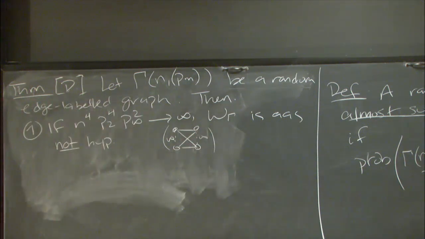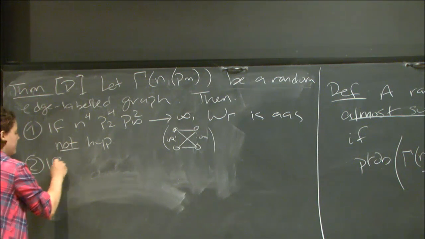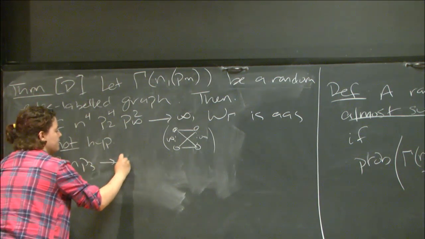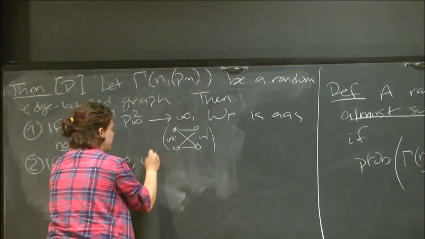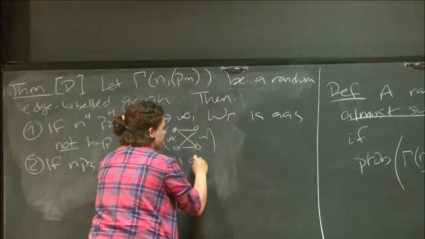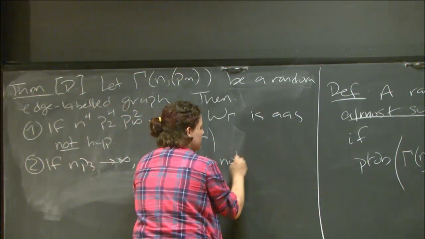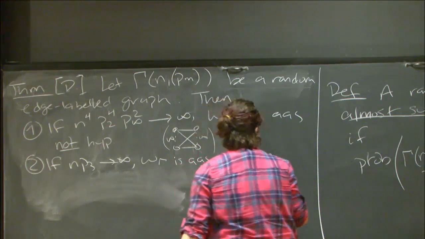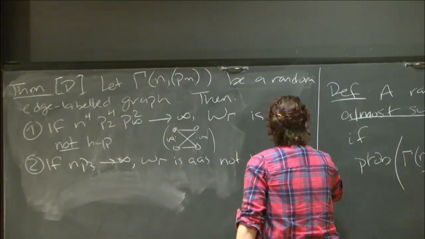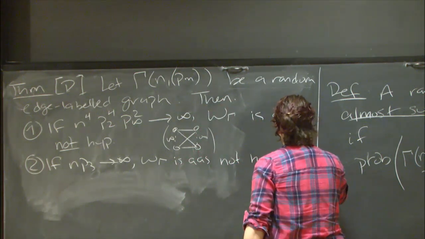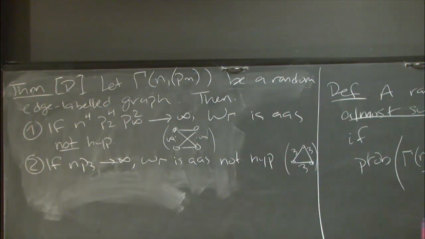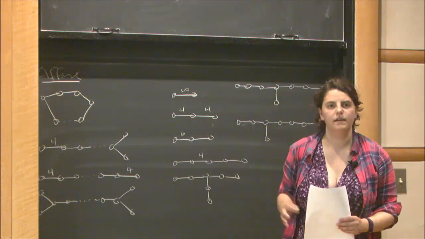So that violates this second condition. And then if np3 goes to infinity, again, W gamma is asymptotically almost surely not hyperbolic. And this time that's because you get a triangle whose edges are all labeled with 3s. So that falls under this first thing over here, and these are also infinite.